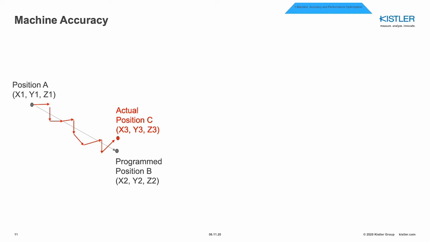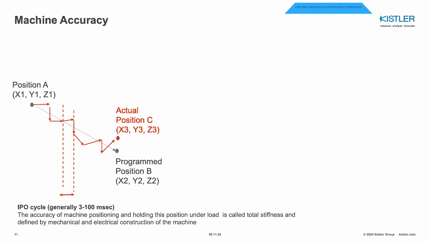And those iterations are being done at each what we call IPO cycle, input-output cycle. So the accuracy of machine positioning and holding this position under load is what we call the total stiffness. That's an important parameter. I will talk a little bit more about it. And that depends on the mechanical and electrical construction of the machine.